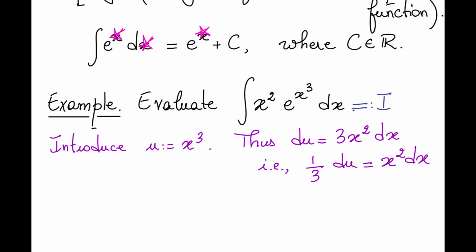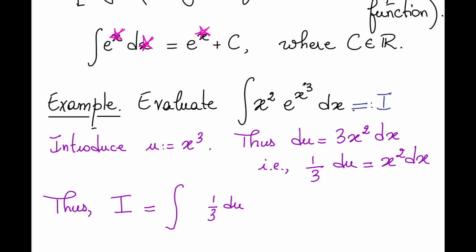let me keep the purple. So thus, I can be written as the primitive of, so x squared dx is 1/3 du, correct?